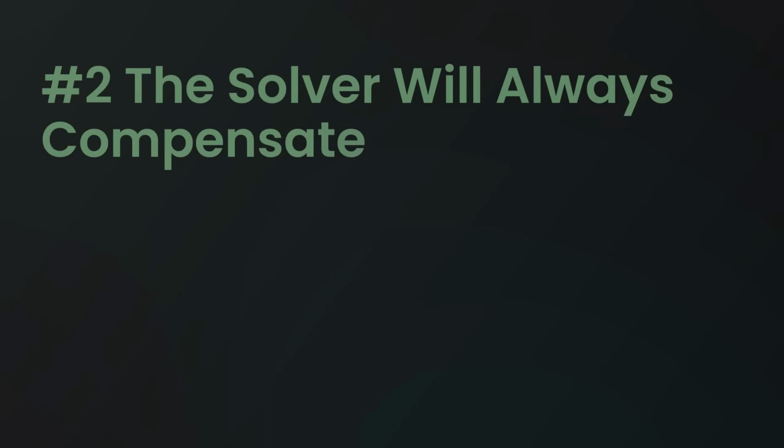The second thing to keep in mind is that the solver is always going to compensate for whatever you do. What I mean by this is that a solver is a max EV calculator. That's all it is. It's calculating the maximum EV strategy based on the variables that you give it.